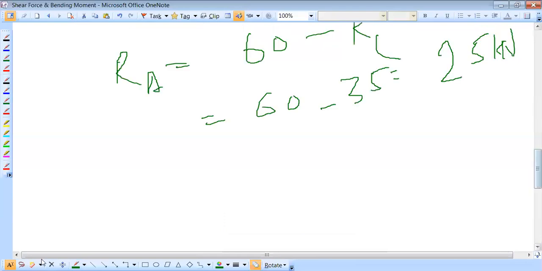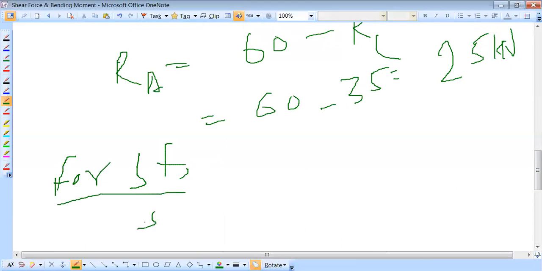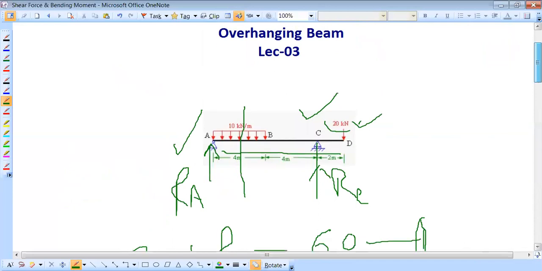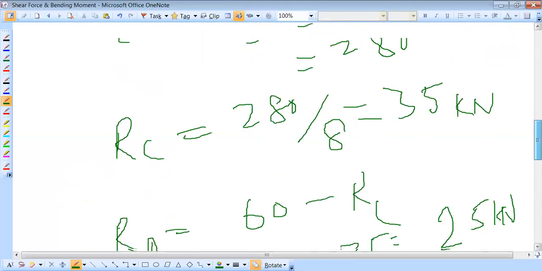For SF, SF at point, see the figure, SF at point D, then find out C, then B and A. SF at D is equal to how much?